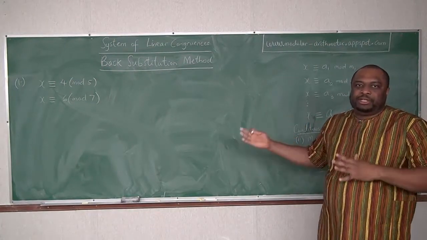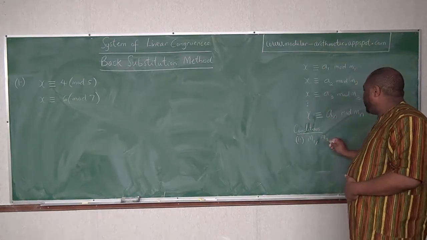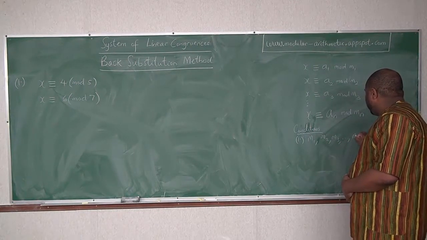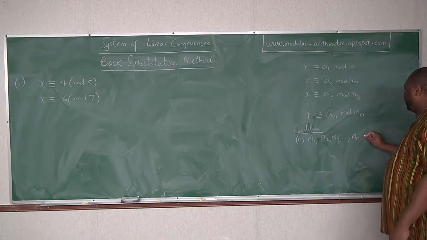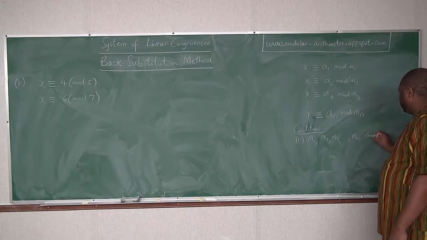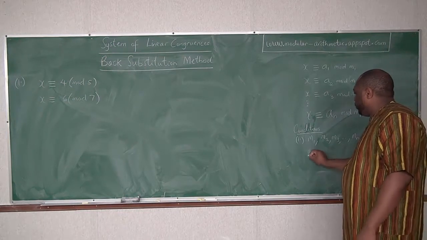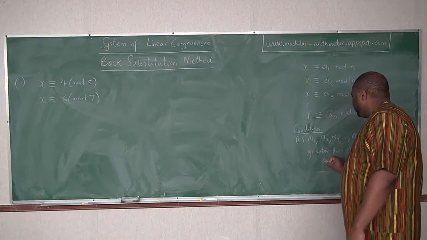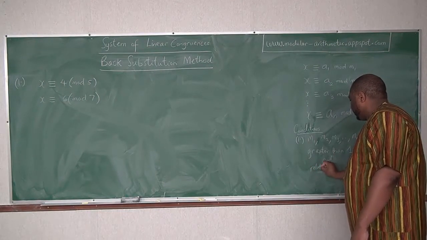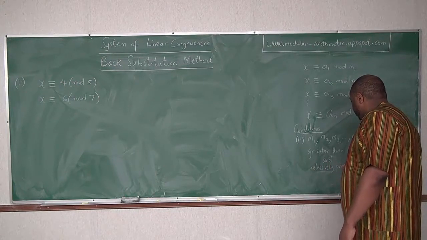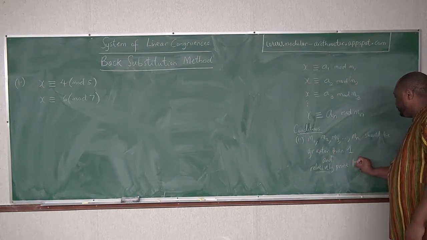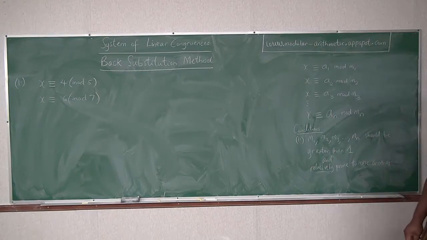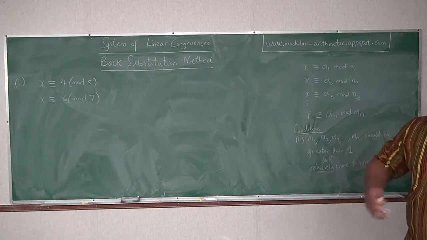Number one: m1, m2, m3, up to mn should be greater than 1, and relatively prime to one another.